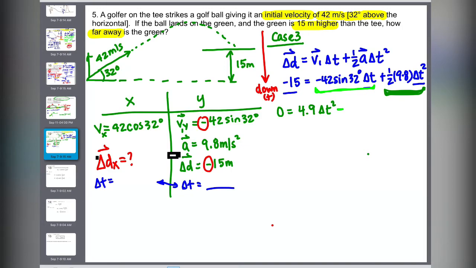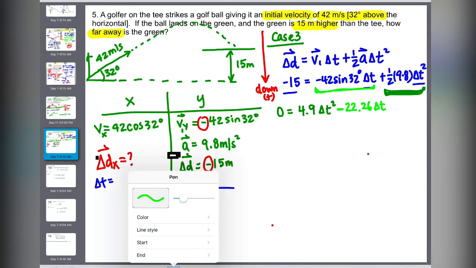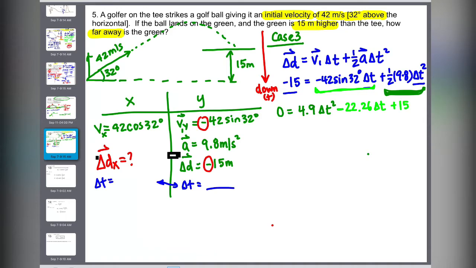I'm going to punch it in my calculator: 42 times sine of 32 works out to be 22.26. I'm just going to round it a little bit. 22.26 delta T. And then finally, I need to move my negative 15 to the right-hand side, so it becomes a plus 15. I'm putting it in the standard form of ax squared plus bx plus c.